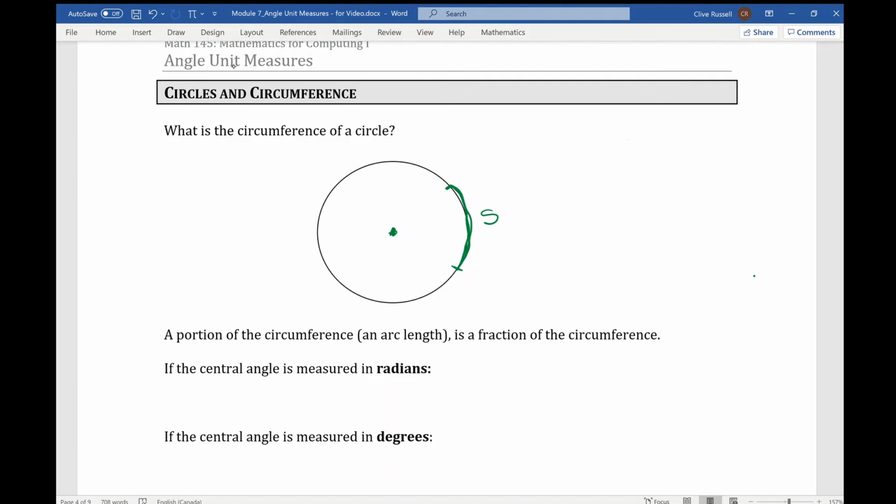Now this arc length is contained by a central angle theta. So we're going to try to find the length of the arc S in terms of theta, both in radians and in degrees. So let's try to do that. We'll do this using what we call a proportion, right?